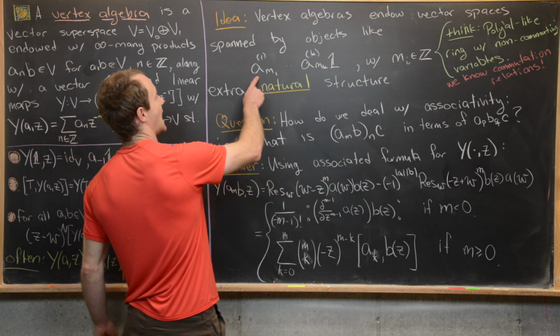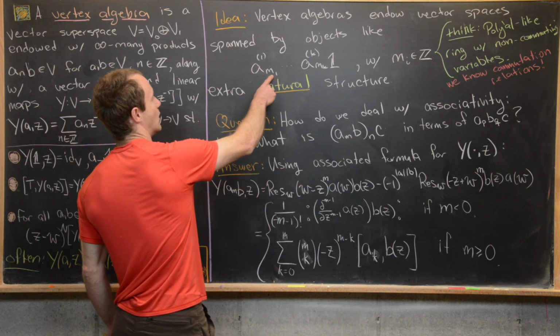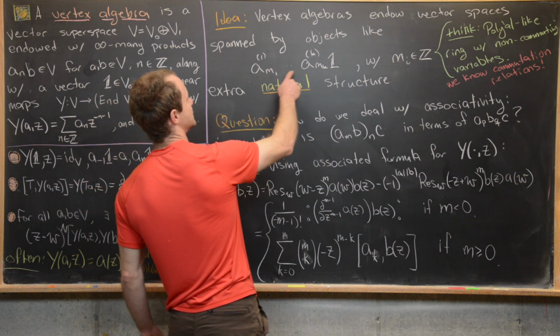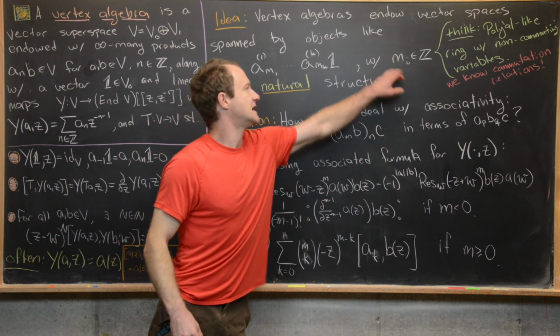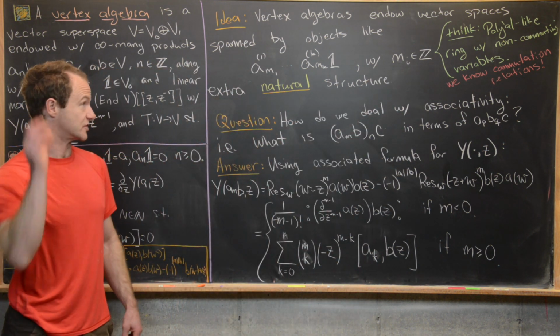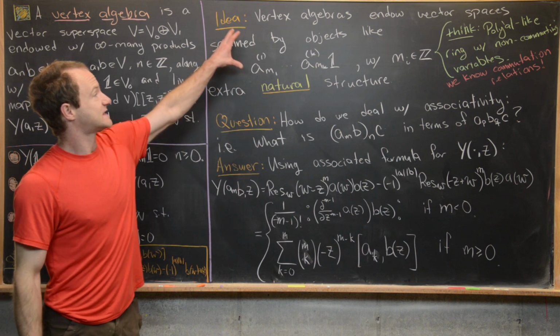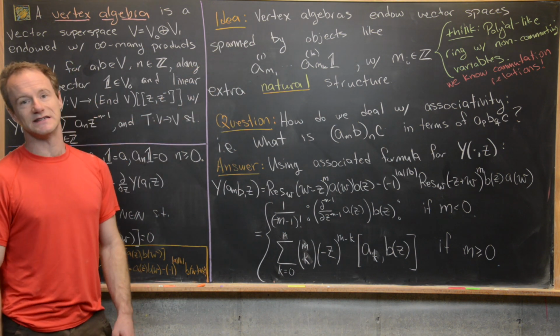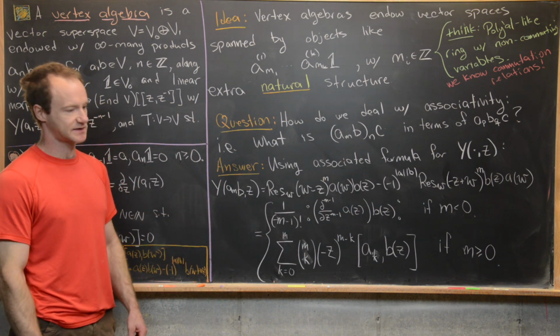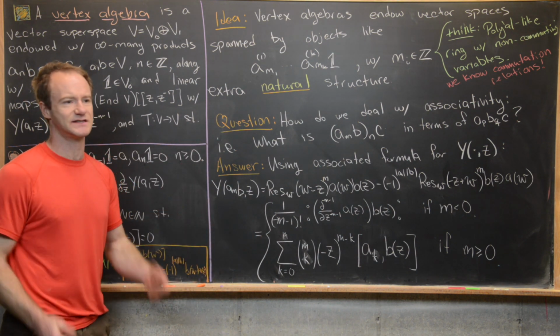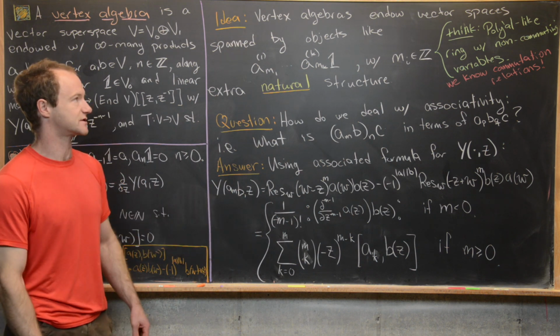So we've got a^1_{m1}, a^2_{m2}, all the way up to a^k_{mk} acting on 1, and here these mi's are integers. And this extra structure that is endowed by the notion of a vertex algebra is natural in some sense, so it has ties to something happening in the physics world.